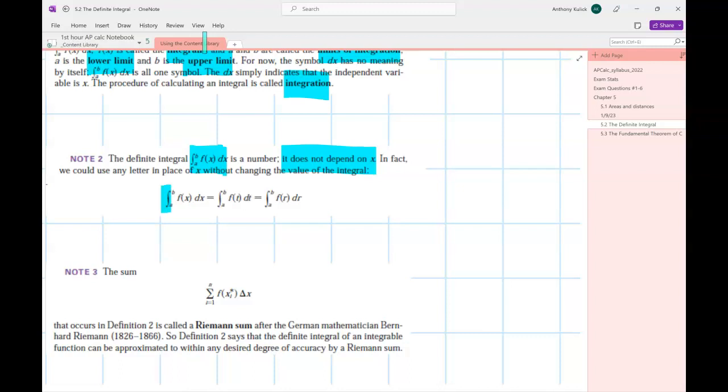So there's really no difference in the problem whether we write the integral from a to b of f of x dx, or the integral from a to b of f of t dt, or the integral from a to b of f of r dr, it's going to be the same number. It doesn't matter what you're calling the variable. Everybody's okay there?